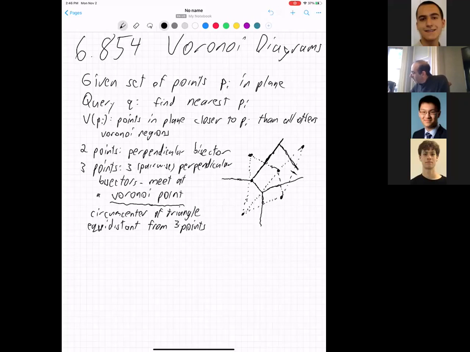Right. So you can see that this is getting a bit complex. But what's interesting is that I'm now starting to create these closed regions.